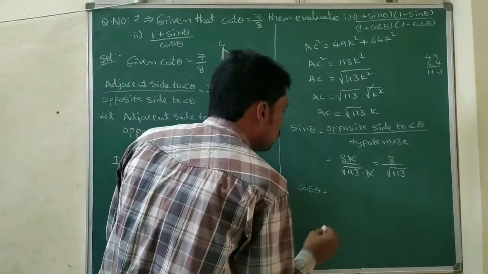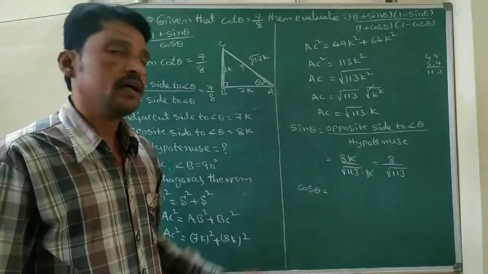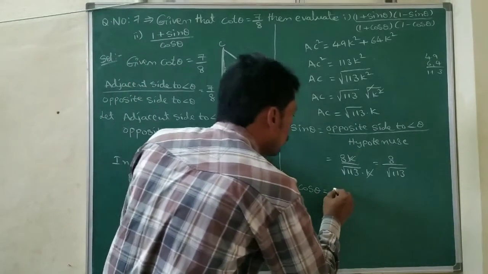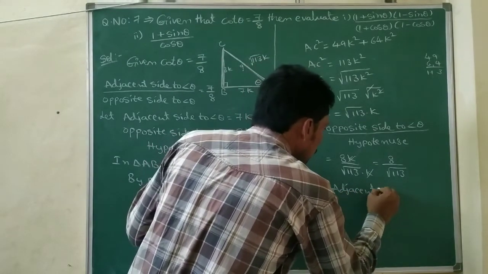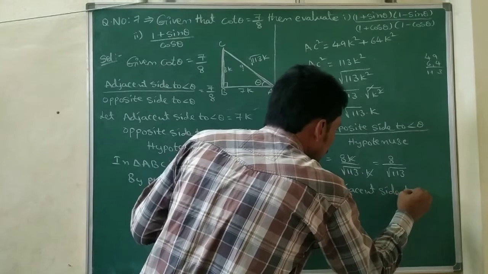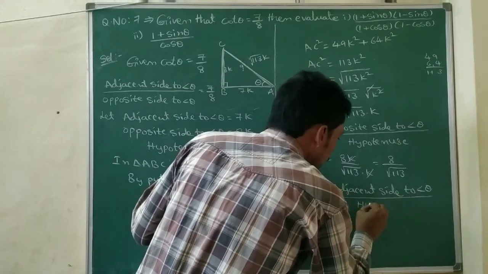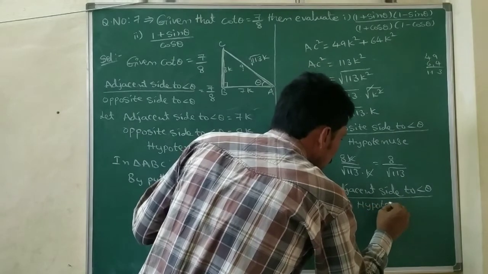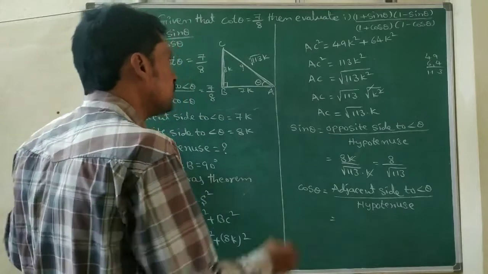Next, cos theta value also you have to find out. Cos theta equals, what is cos? Adjacent side to angle theta by hypotenuse. So what is the adjacent side to angle theta?